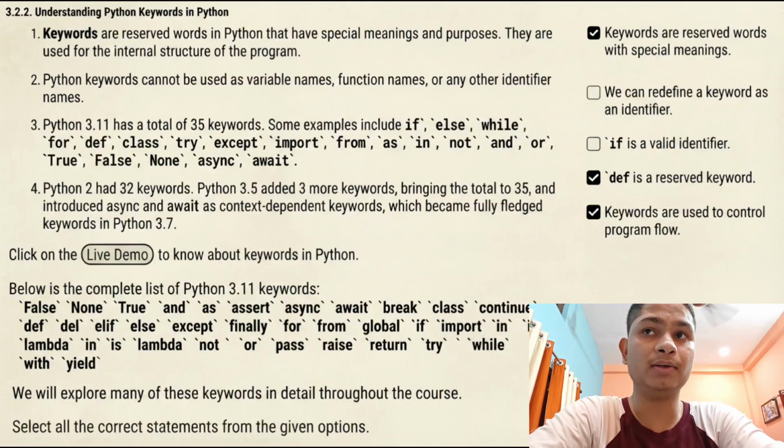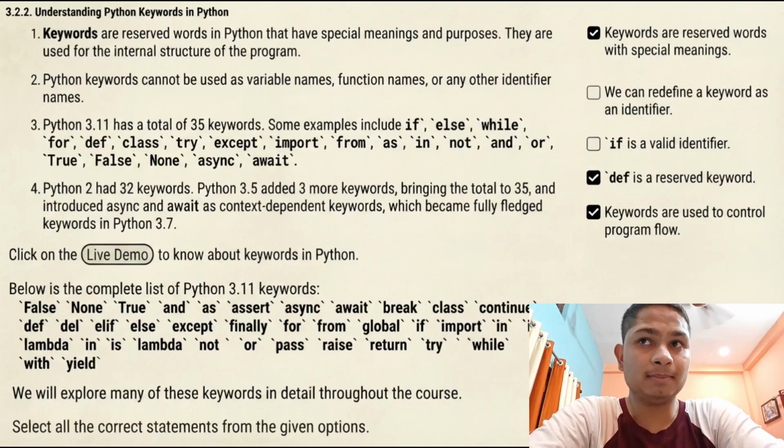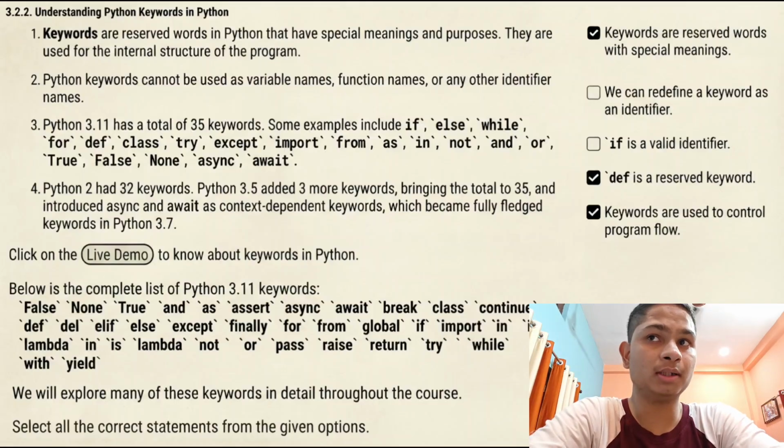Another thing is that Python provides a way to print the list of keywords in its current version, and that is very simple. You just have to write import keyword.